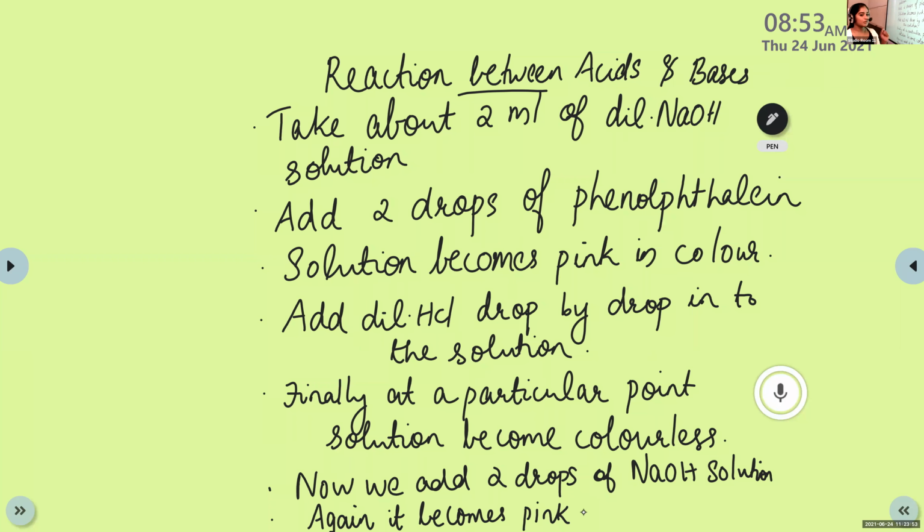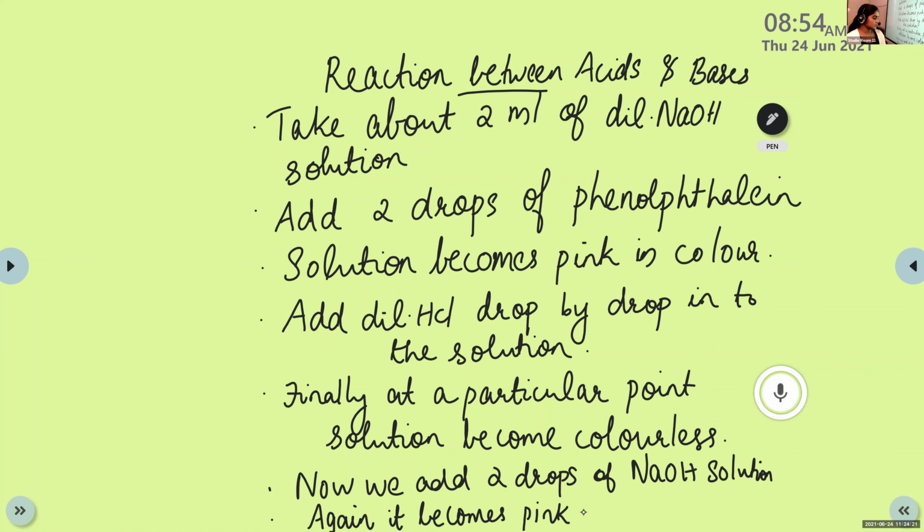Then at a particular point, this pink colored solution is converted to a colorless solution. That means the HCl solution can cancel or nullify the base effect, or neutralize the excess amount of NaOH present in that solution. Then again we add 2 drops of NaOH solution to observe its color change.